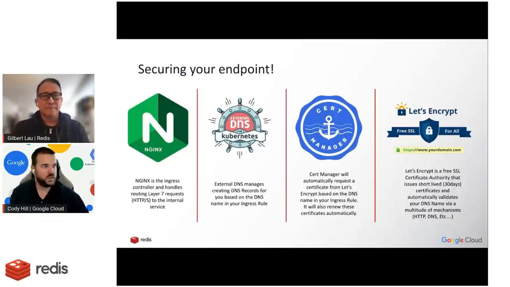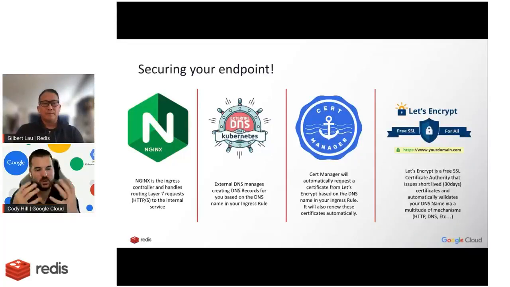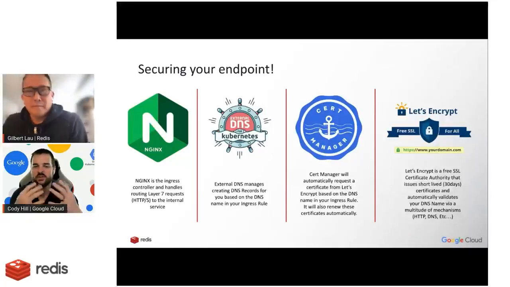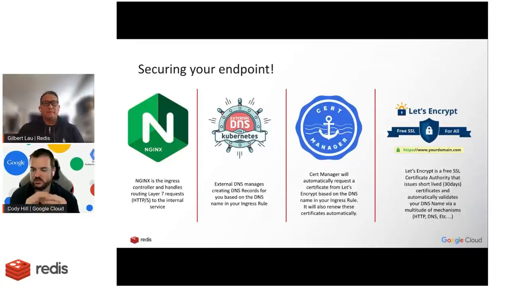Great. So I wanted to talk a little bit about some of the other components that you're going to be seeing inside of the live demo, just so you're aware of all of the moving parts. From left to right, we have the Nginx Ingress controller. What an Ingress controller does is handle layer 7 routing of your applications to the services inside, right?